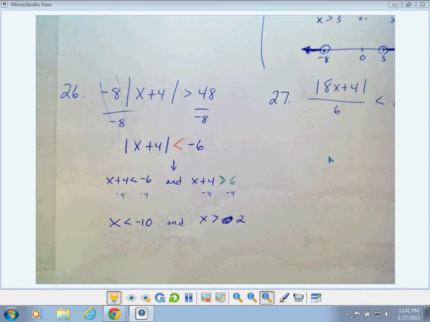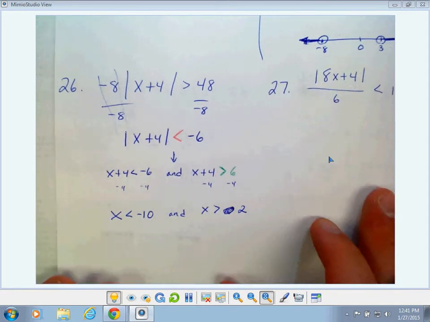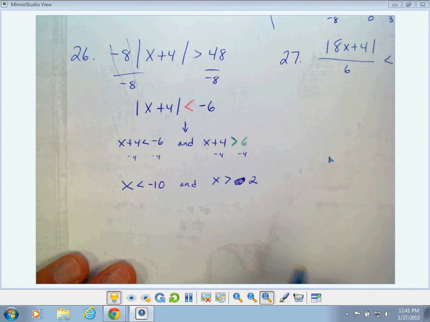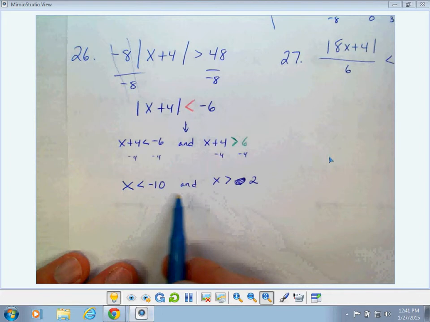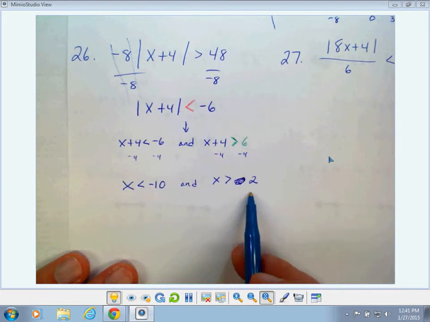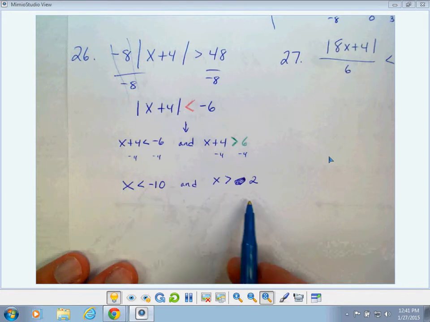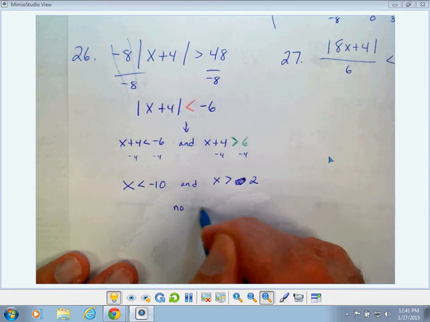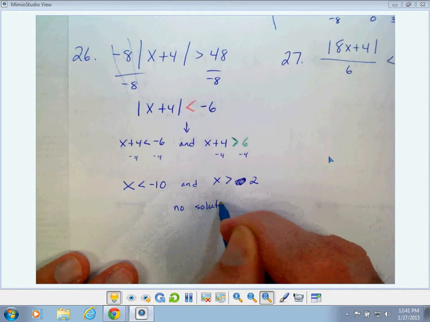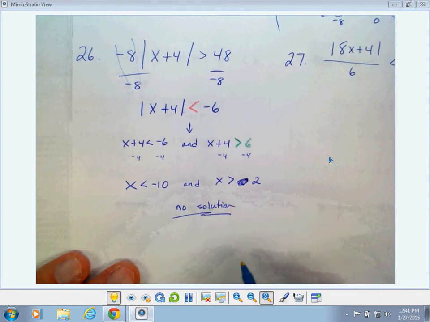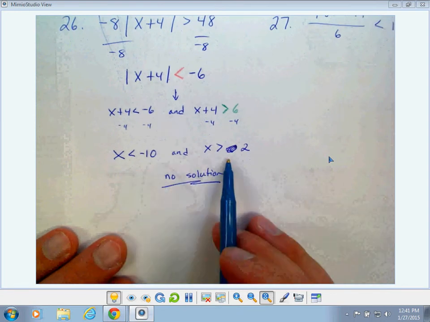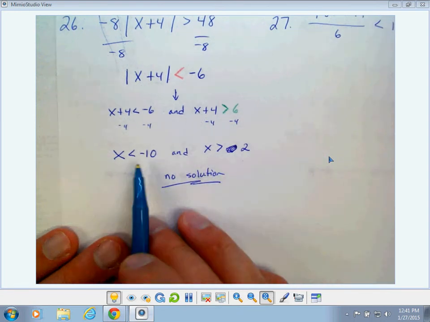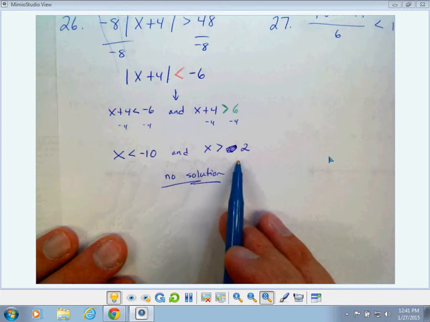Okay, so this is a point where this would become an algebra 2 problem, because what we have here is something called a no solution, because there are no numbers that are both less than negative 10 and greater than 2. So the situation that we run into here is something that you would focus a little bit more on in algebra 2, which is when you solve one of these and there actually is no solution. Because again, there are no numbers that fit both of these qualifications. There are no numbers that are both less than negative 10 and greater than 2.